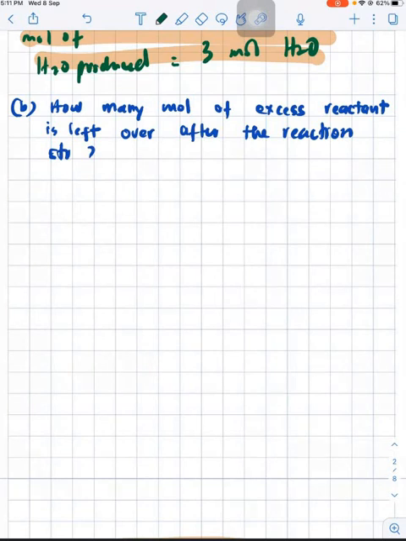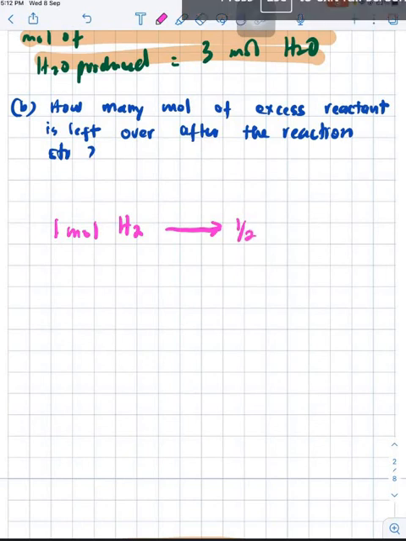So cara dia adalah dalam case ni kita kena buat comparison antara limiting reactant dan juga excess reactant. So daripada kita punya balance chemical equation tadi, kita tahu 1 mole of hydrogen gas will be reacted with half mole of oxygen gas. Ini daripada kita punya equation as usual. Okay. Lepas tu berapa amount yang given to us, berapa yang habis untuk hydrogen gas.